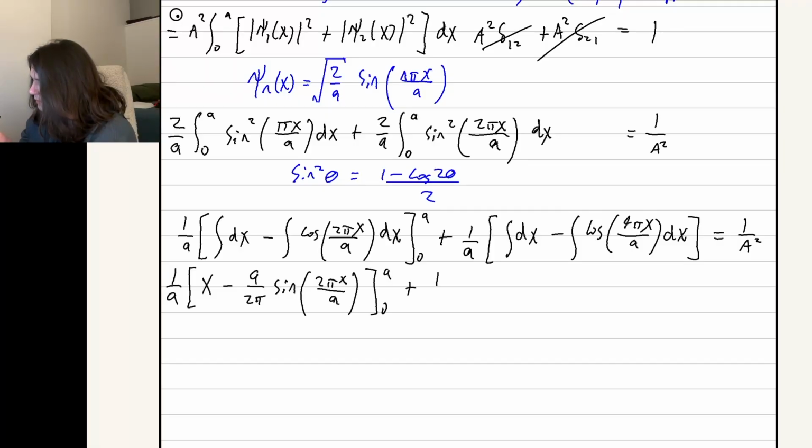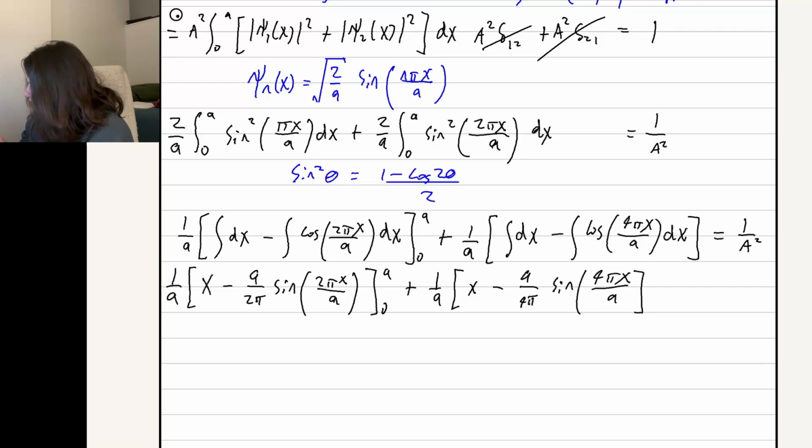And then we got x again, and we have a over 4 pi sine 4 pi x over a from 0 to a equals 1 over capital A squared.